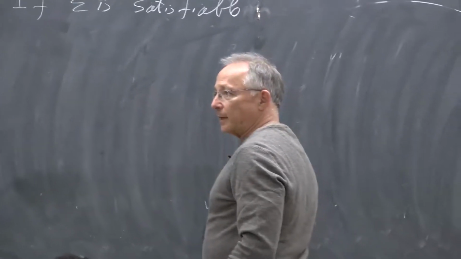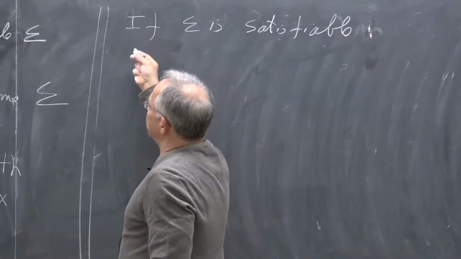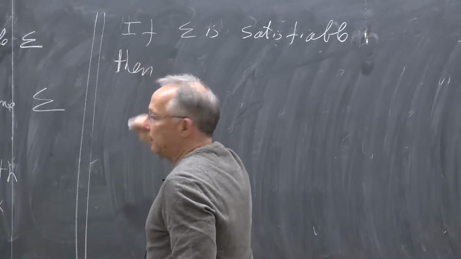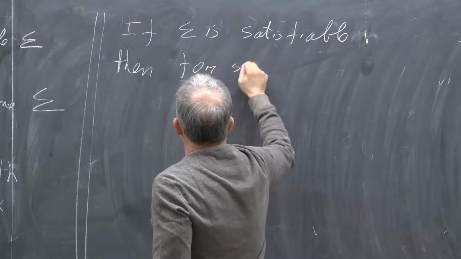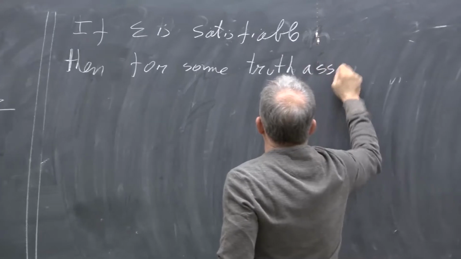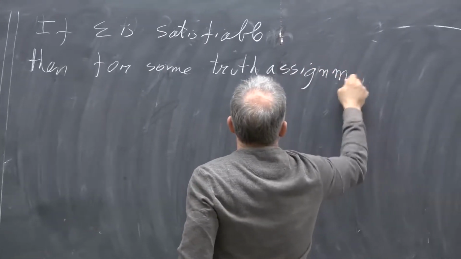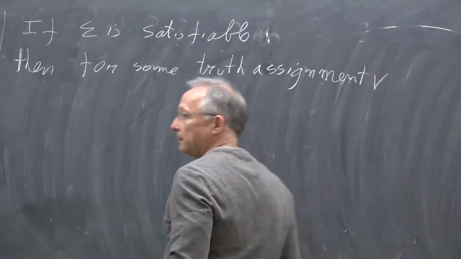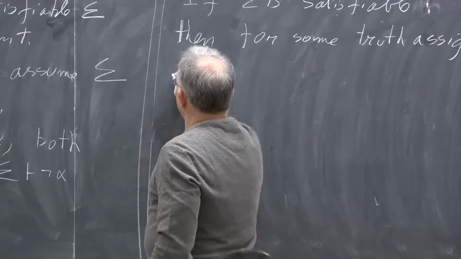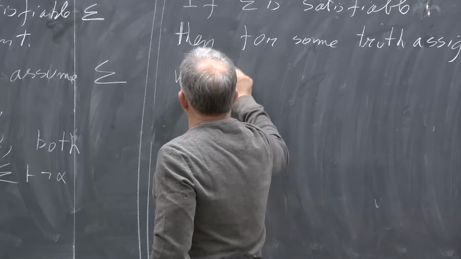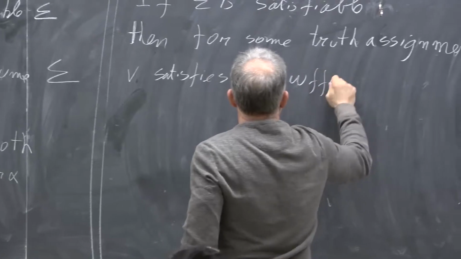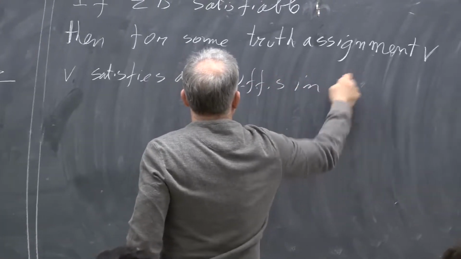So if it is satisfiable, what does it mean? It means that, just by the definition of satisfiability, for some truth assignment V, V satisfies all WFFs in sigma.